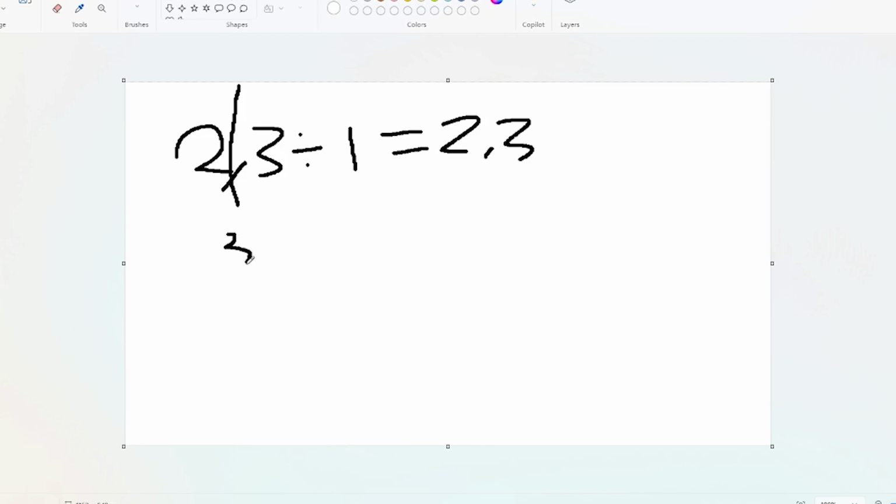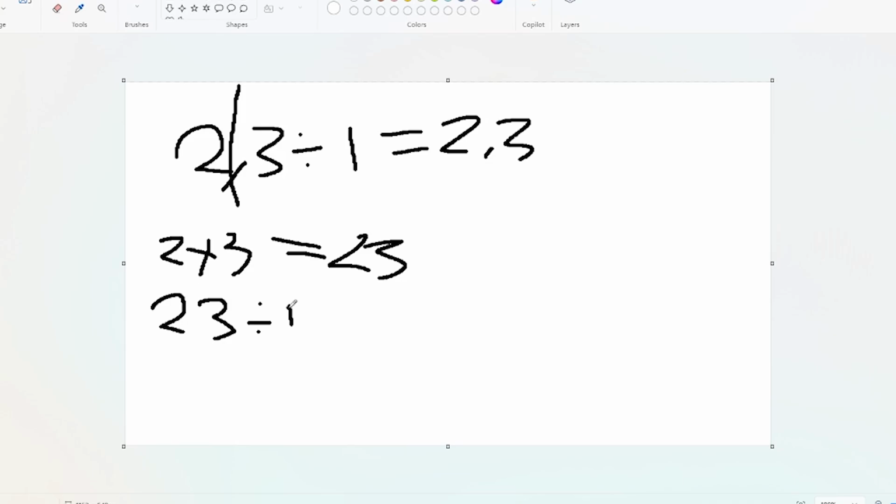We know that 2 plus 3 equals 23. 23 divided by 1 equals 2, 3, because it separates the two from each other. It divides the two.